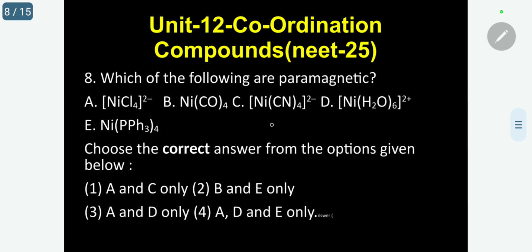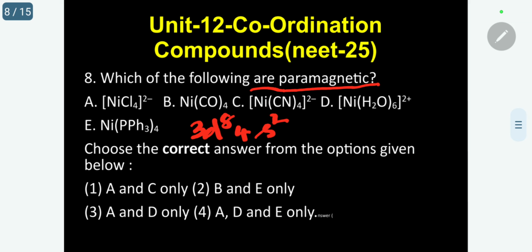Question number 8. Please follow carefully. Which of the following are paramagnetic? Nickel means 3d8 4s2. All three are nickel compounds.